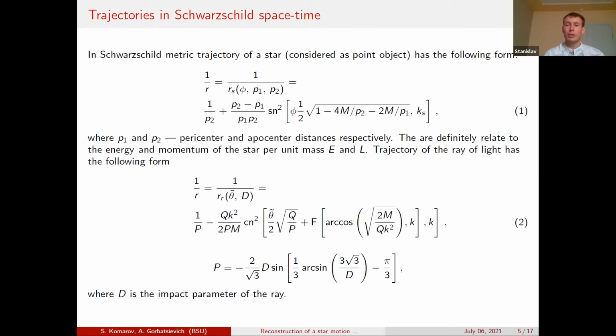In order to obtain this impact parameter, it is necessary to solve a boundary value problem.